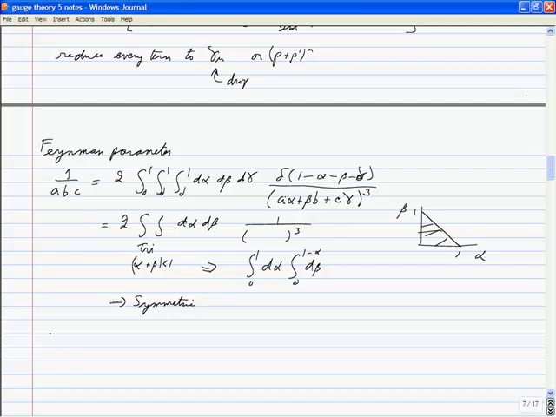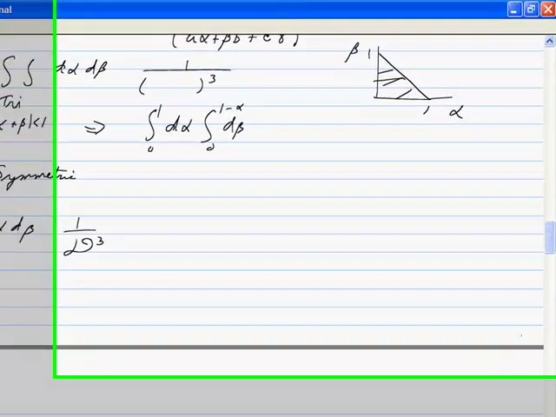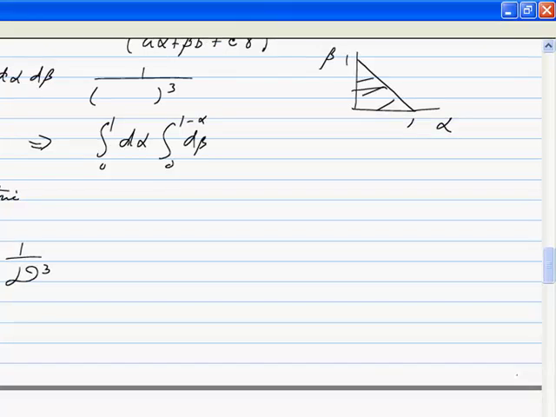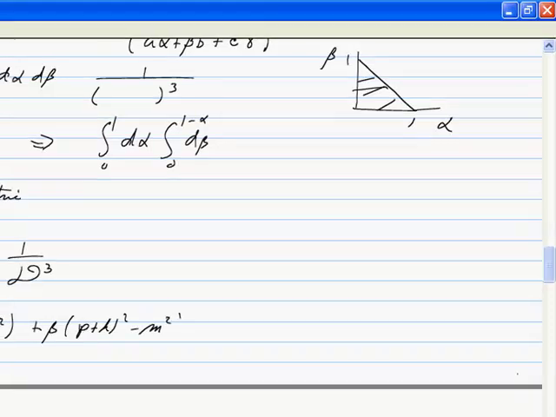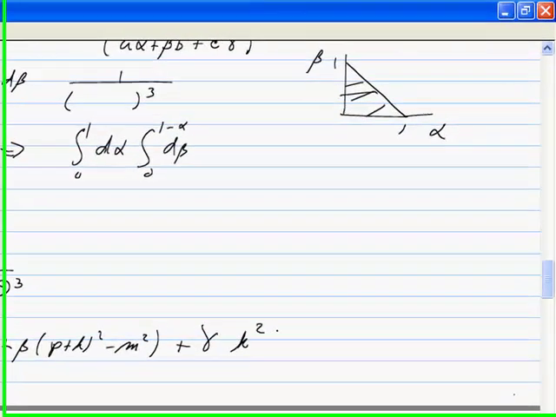Okay. If I do use this, then 1 over the denominator is 2 integral d alpha d beta over this triangle of 1 over script D cubed, where script D is alpha (P prime plus K) squared minus m squared plus beta (P plus K) squared minus m squared plus gamma K squared.